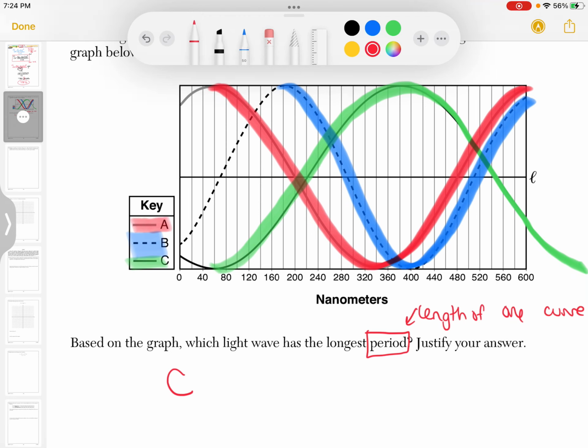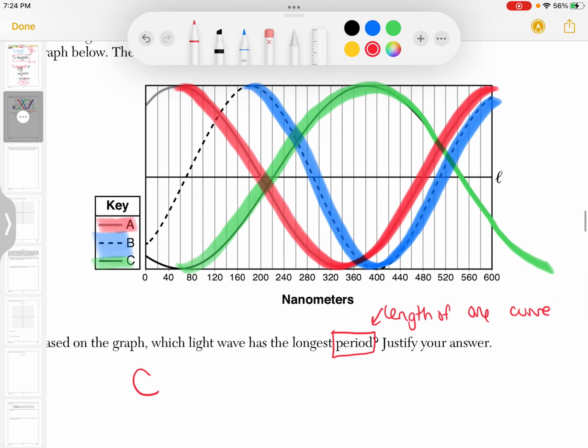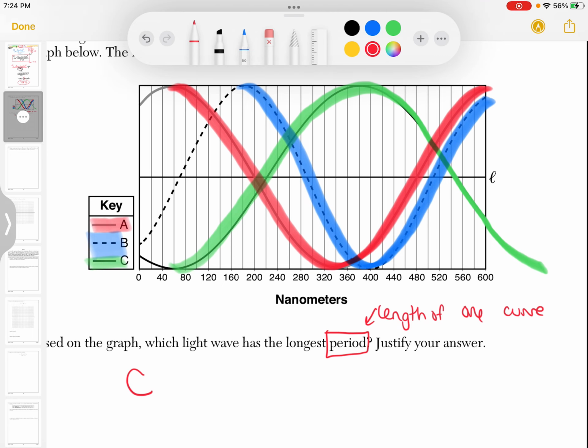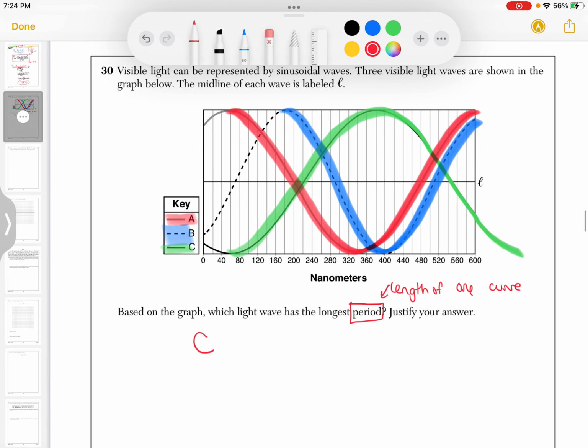So to justify our answer, you can't just say, oh, well, I looked at the graph and it looks longer. We're going to have to do some math here, or you could say it goes from... So justify when I say you need to use your math to like literally justify your answer and prove your answer. You can use words also for justify.